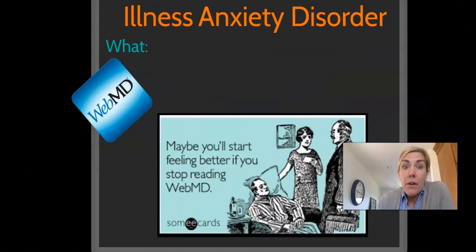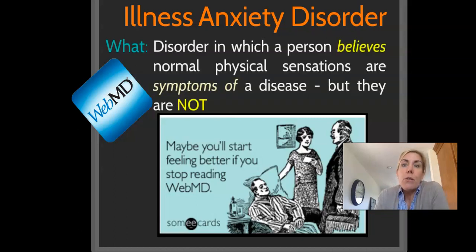Okay, and then another somatic disorder would be illness anxiety disorder. I don't know if you've ever heard of it, it used to be hypochondriacism, so a hypochondriac. This is a disorder in which a person believes normal physical sensations are symptoms of a disease, but they're really not.